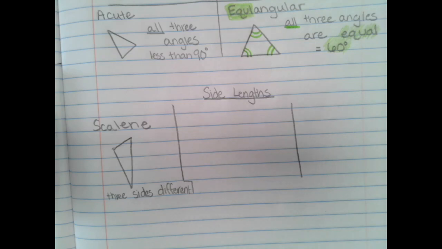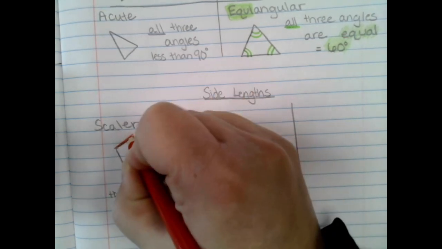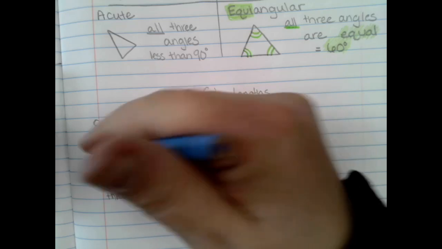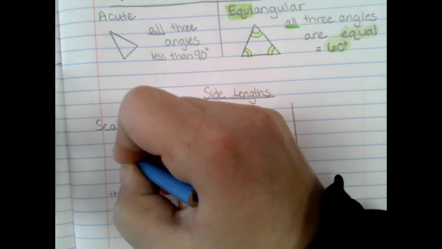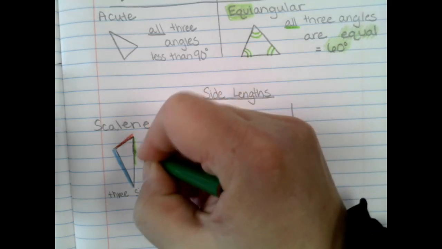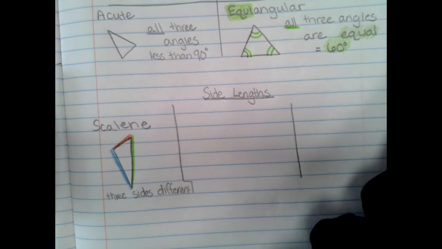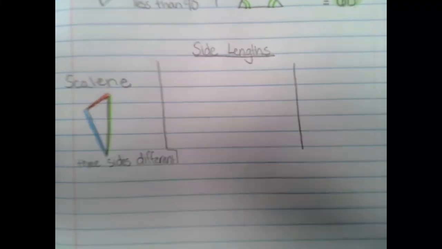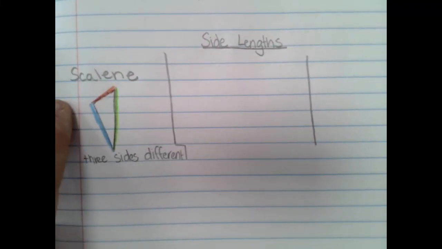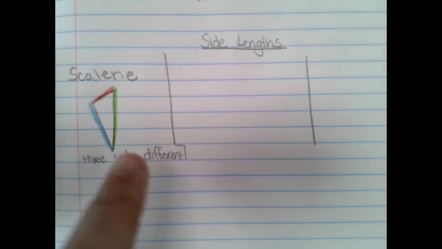If you want to use some colors here, you could use 3 different colors to show that this side is different than this side, which is different from this side. If it makes you happy to make those all 3 different colors, go for it. If you're like, I got it, you don't have to. It's your choice. Your notes. So when we name it, it's called scalene.